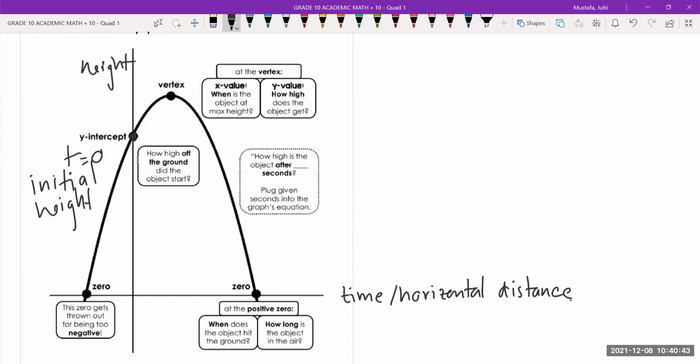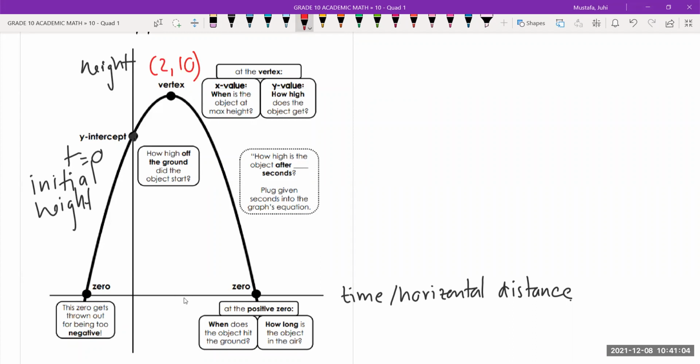The vertex gives you two very important pieces of information. The x value tells you when the object is at maximum height, and the y value tells you how high the object gets. For example, let's say this is a ball being thrown, this is the time and this is the height, and I tell you the vertex is (2, 10).